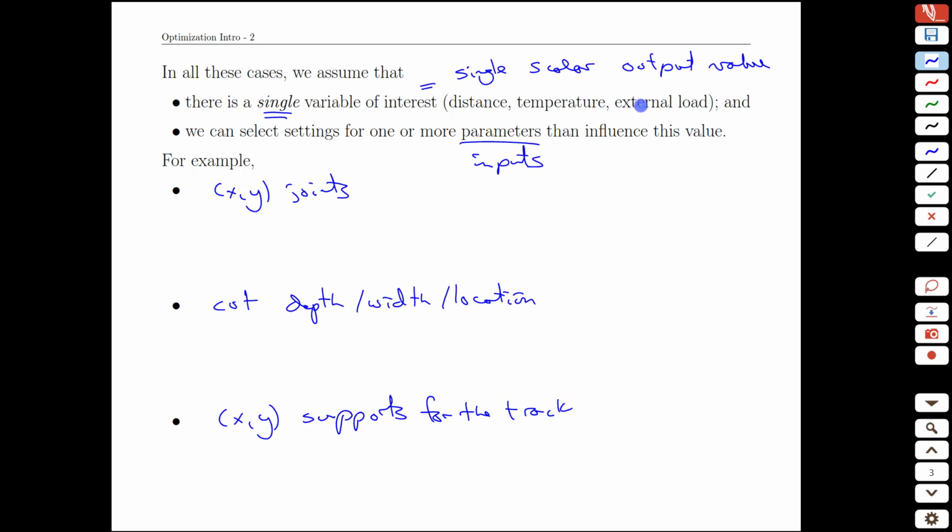So this is a single variable output, but multiple parameters. In fact, one XY for every joint, but certainly not a small number of inputs, and that's true for all three of these scenarios. We want to be able to play with, experiment with, try out up to 10, 20, maybe 30 values and see which one leads to the single best value for the output.